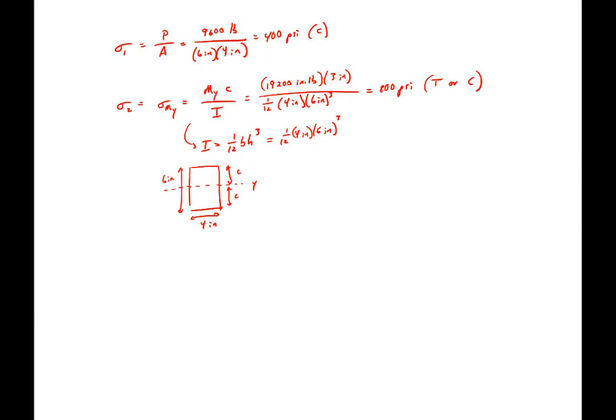So let's do the same thing for sigma 3. Sigma 3 now we'll call the sigma due to the moment about the x-axis.